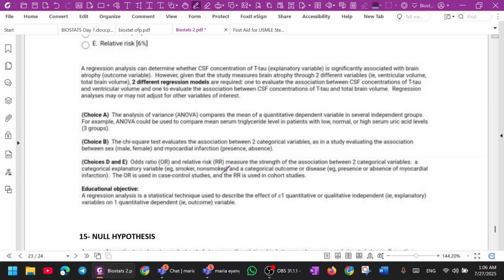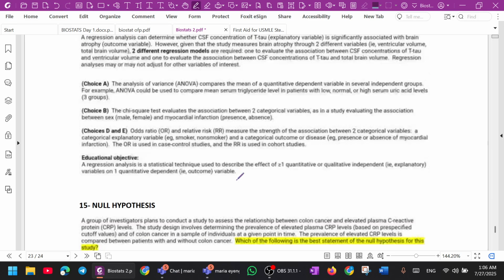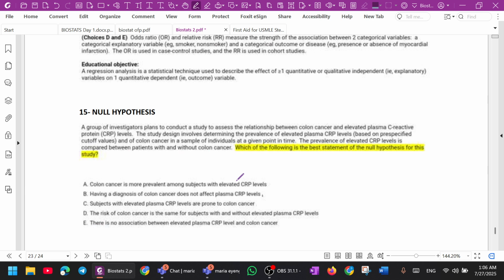Next. I think that's the last one, the null hypothesis. A group of investigators plans to conduct a study to assess the relationship between colon cancer and elevated CRP.